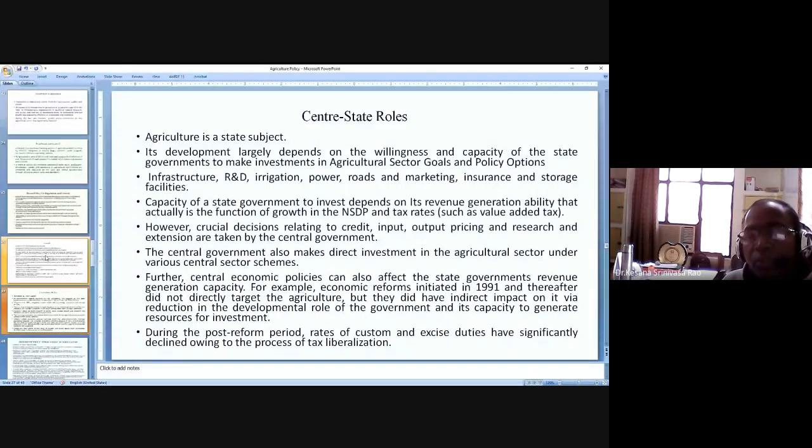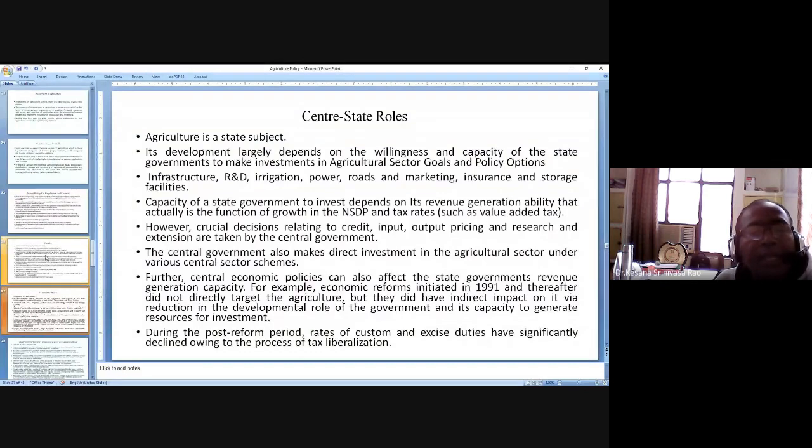Otherwise, agriculture is an unorganized sector, because systematic rules and regulations cannot be perfectly implemented in it. Agriculture depends on the monsoons, and on different types of climatic and environmental situations. That is why the central role must be there to protect against those situations.